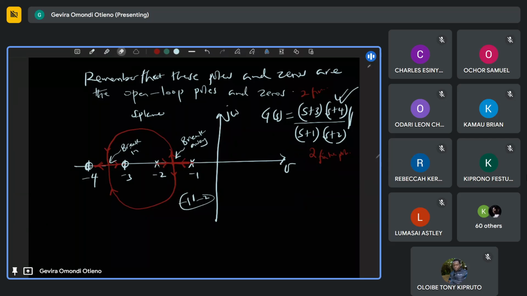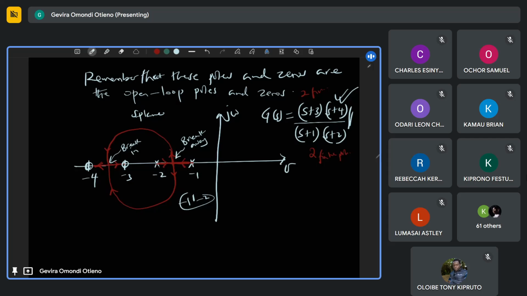When you plot this in MATLAB, it would be even clearer, because it will give you the path of each pole in its own color. It will give you a color code for maybe the pole at -1, and it will give you the direction using that color. So you will know exactly the direction followed by that pole from -1 up to the point it terminates.